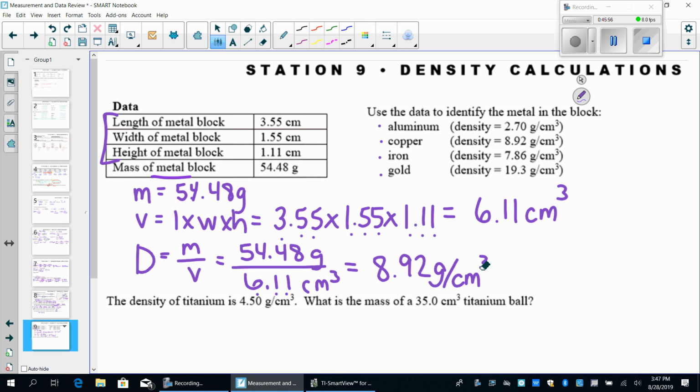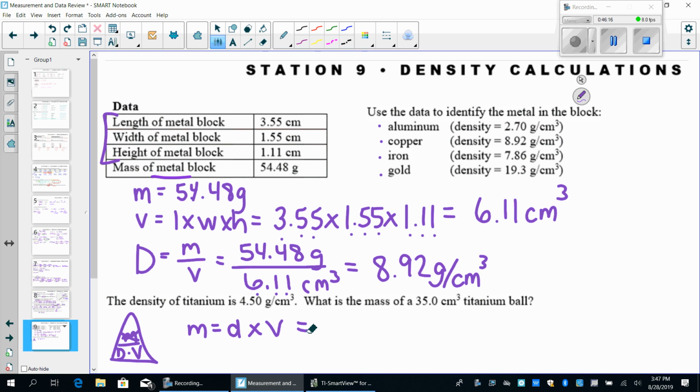And the final one is asking for mass. So when you do your density triangle, remember that looks like this, D, M, V, and you cover up the M. That is going to tell you density times volume. So mass equals density times volume.